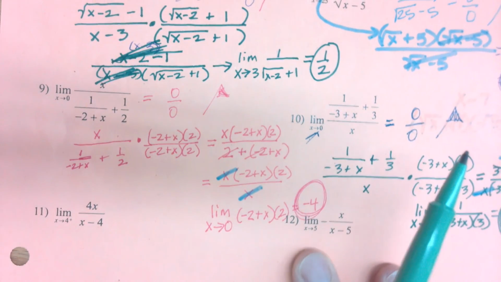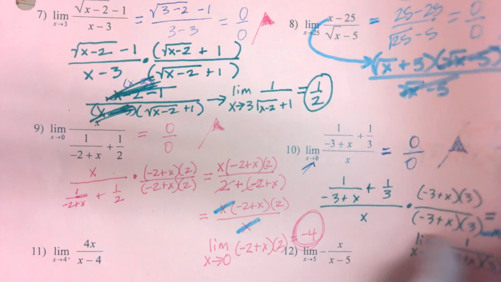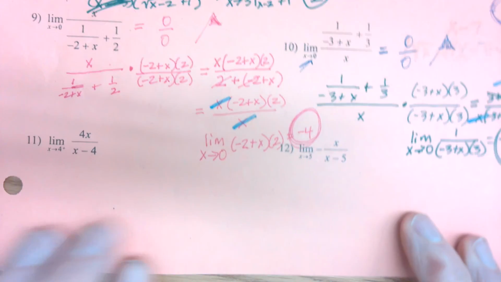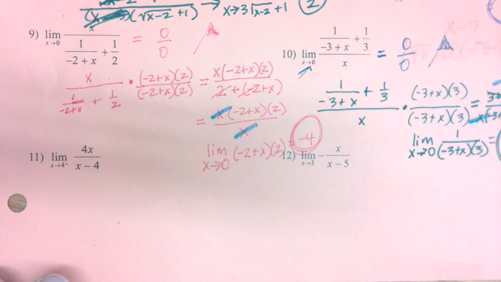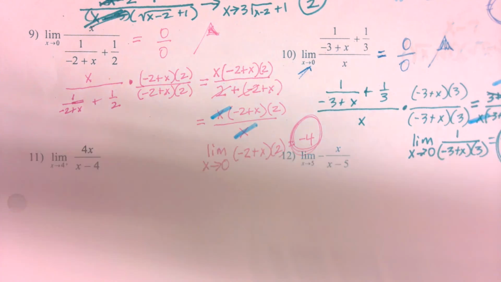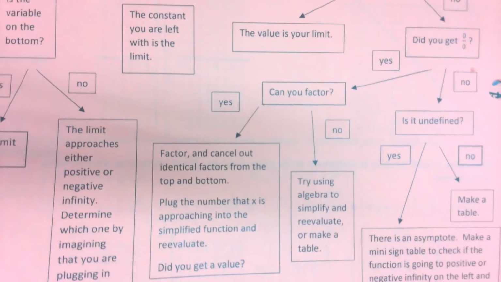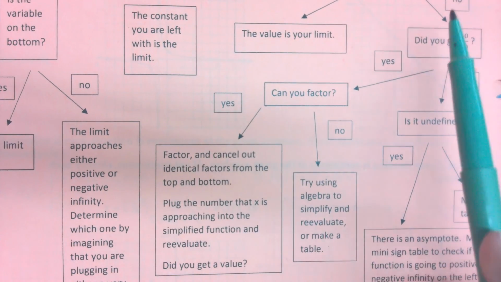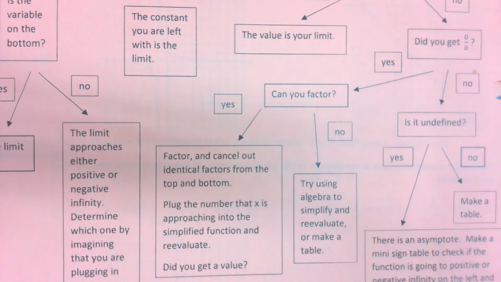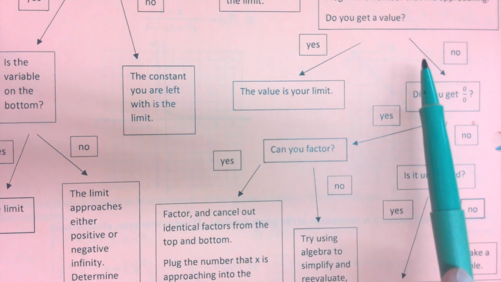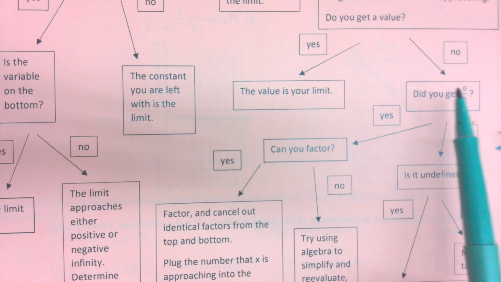So my last type of scenario that can happen, the last thing that'll show up, is another sort of interesting thing. On our flow chart, it says, did you get a value? No. Did you get 0 over 0?